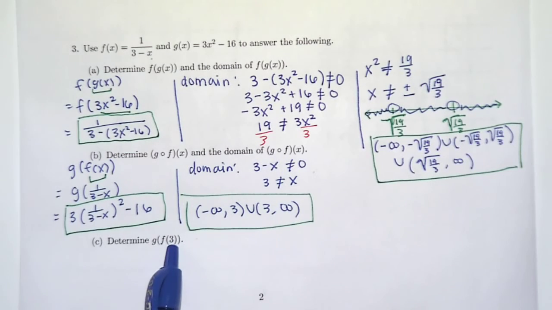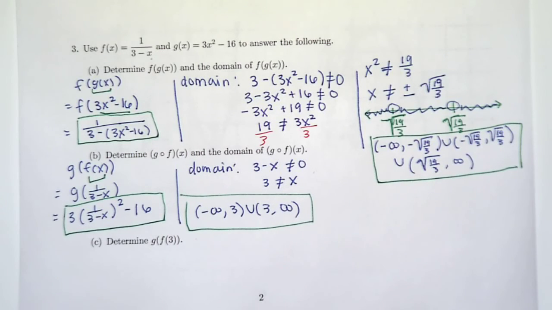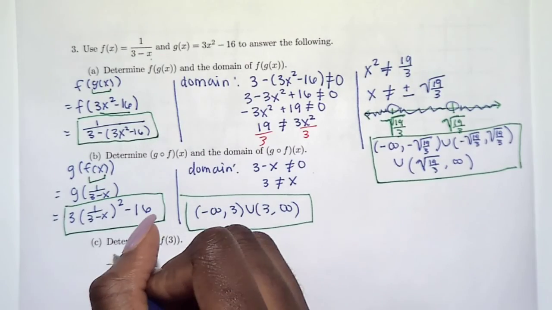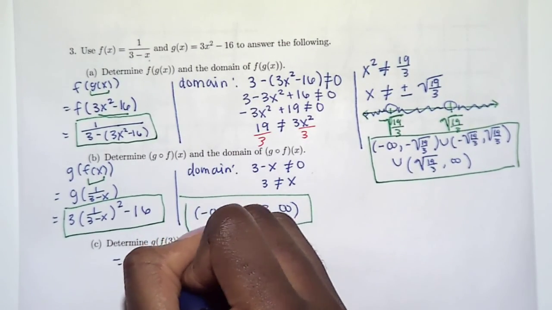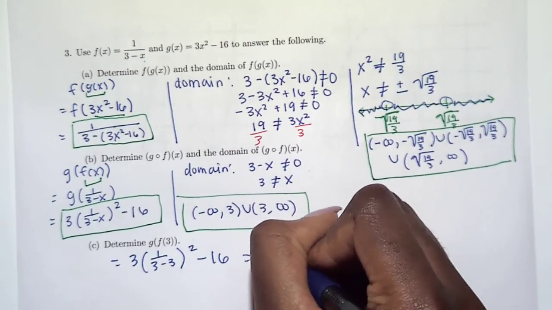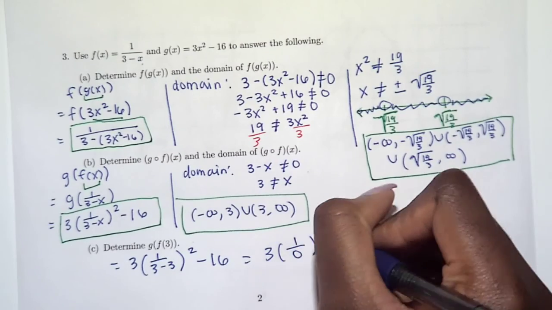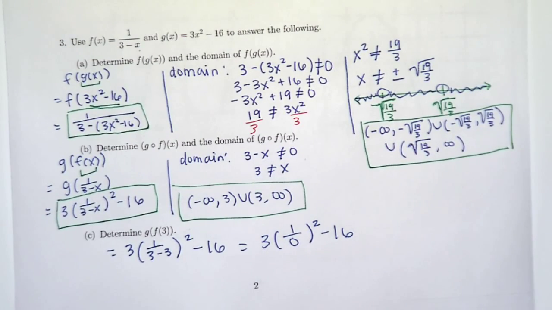Because we're plugging in 3, and that's not in the domain of our function. So we should not get an answer. But if you want to double check that that's true, we can plug 3 into here. Well, what does 1 over 0 equal? It's undefined.